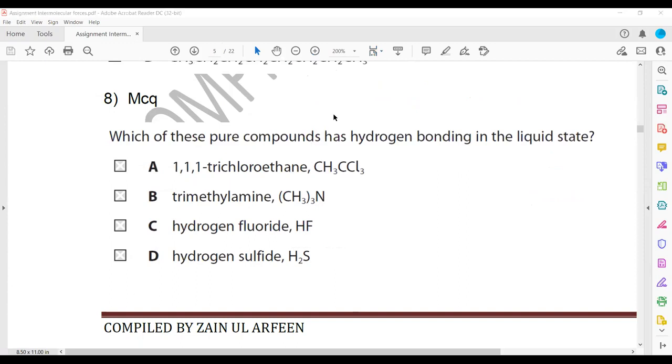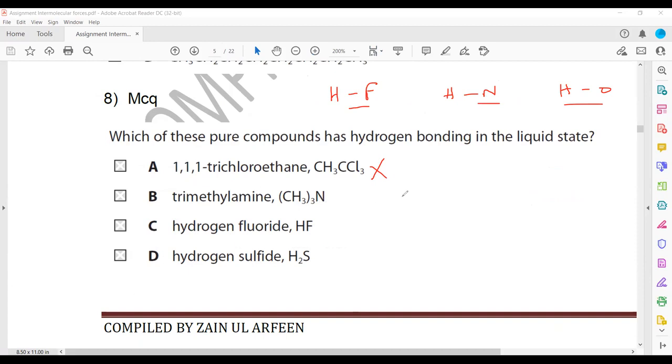Then, which of these pure compounds have hydrogen bond in liquid state? Hydrogen bond can only exist, remember, whenever in a molecule hydrogen is bonded directly with fluorine, nitrogen, or oxygen. Only in these three scenarios can hydrogen bonding exist, otherwise it does not exist. So here we don't find any bond of HF or HN or HO.